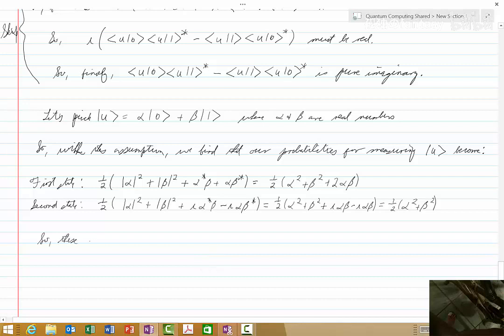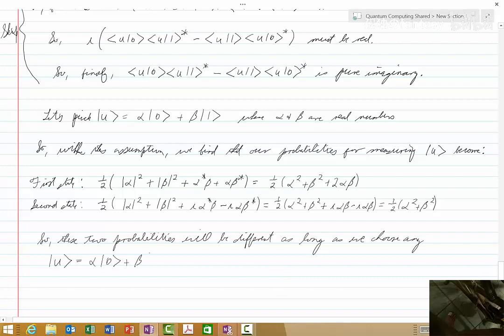So these two probabilities will be different as long as we choose any u equal to alpha times the 0 ket plus beta times the 1 ket, where alpha and beta are real and neither alpha nor beta is 0.